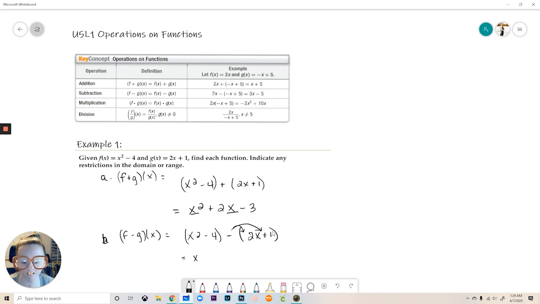So we'll have x squared minus 4 minus 2x minus 1. Simplified, that is x squared minus 2x minus 5. Again, there are no restrictions on the domain or the range.